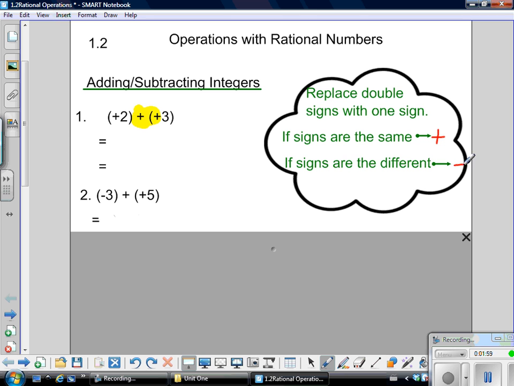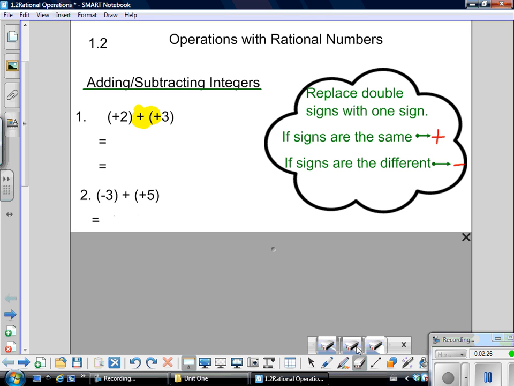So it's very similar to when you're multiplying and dividing integers. You know that two negatives make a positive, or a negative times a positive equals a negative. So very similar. But this time, even though we're adding and subtracting, if the signs are right beside each other, I'm going to replace them using this concept. So let's take a look.